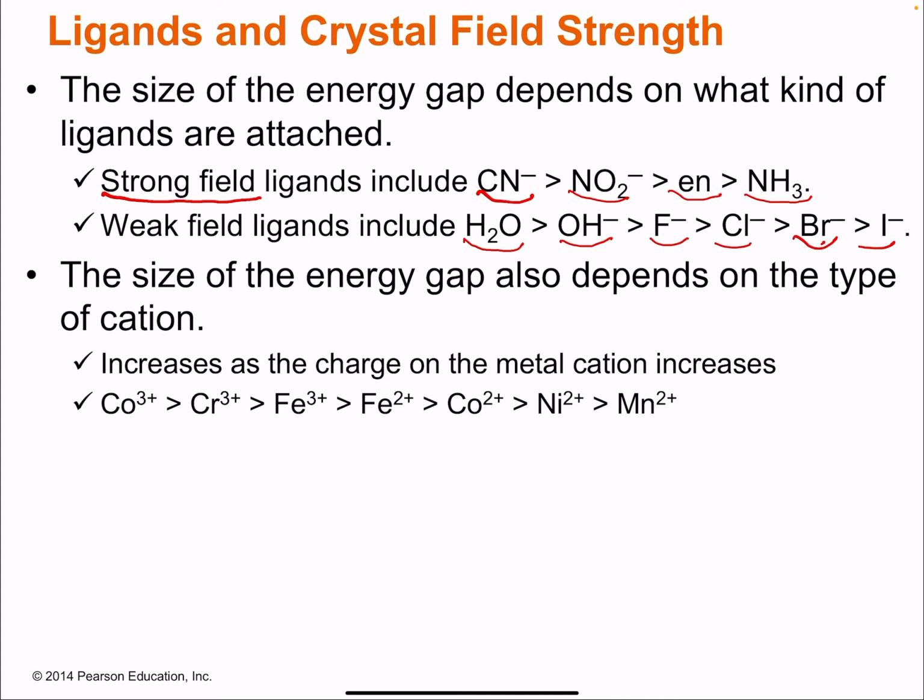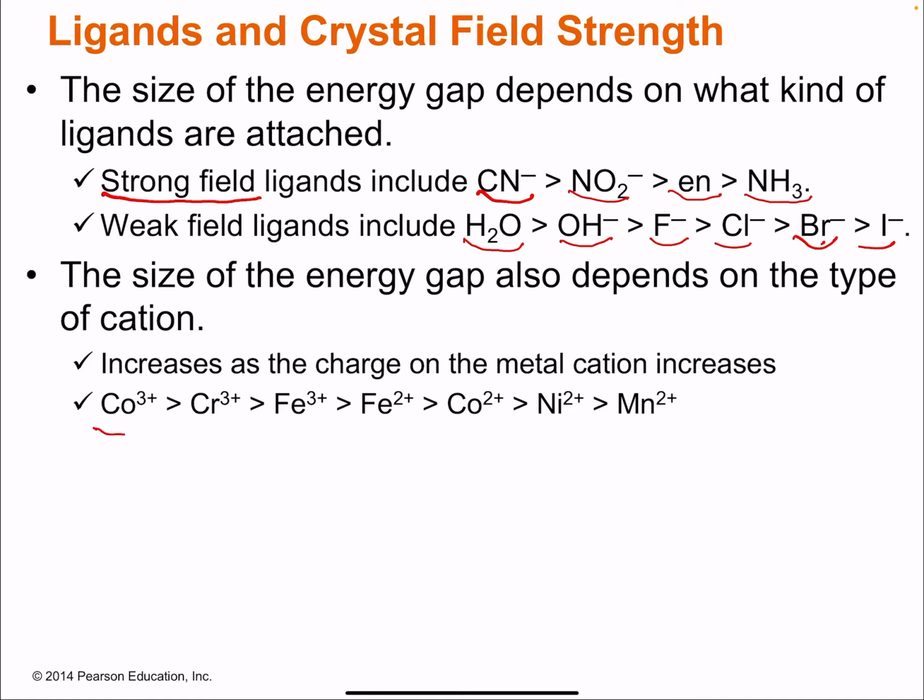So typically the strong field ligands contain nitrogen as the atom that donates electrons to the metal ion, and the weak field ligands typically have oxygen and the halogens as the atom where the lone pair is on the ligand. I also mentioned that the size of the energy gap delta depends on the particular metal ion.